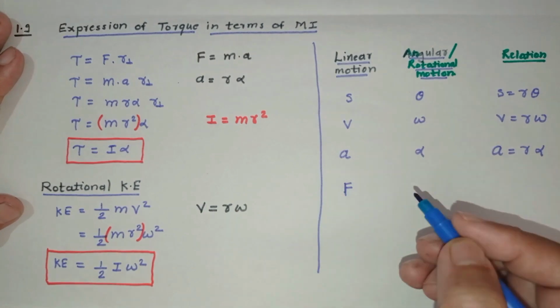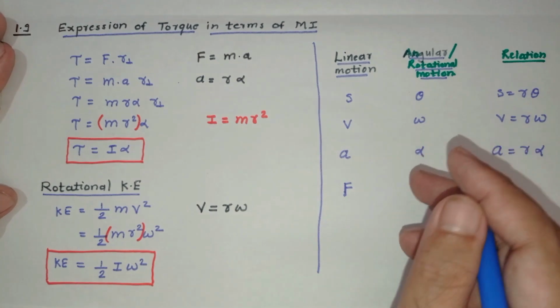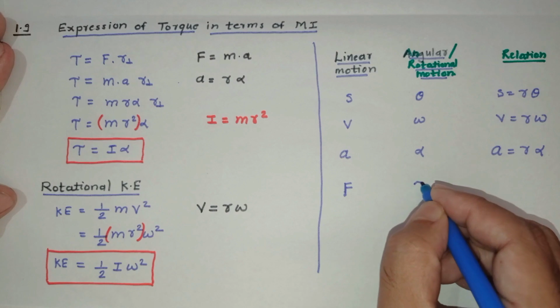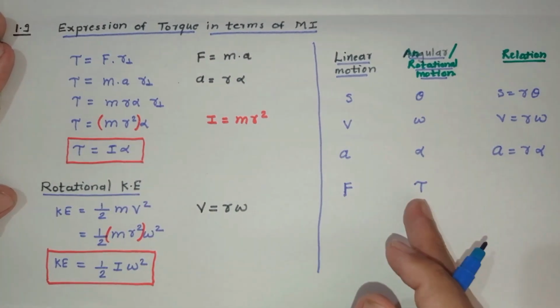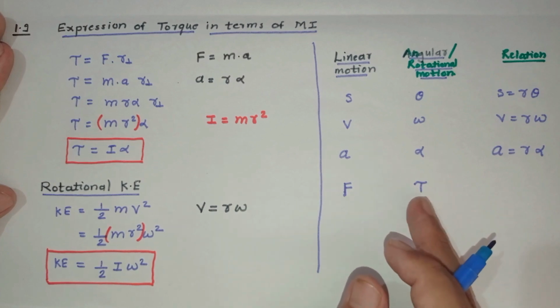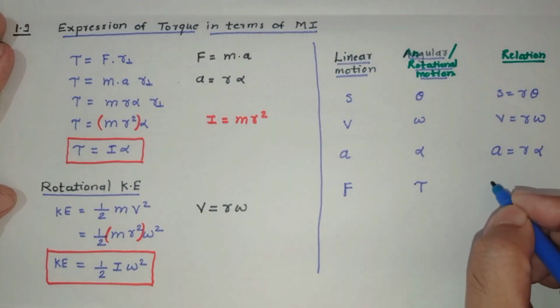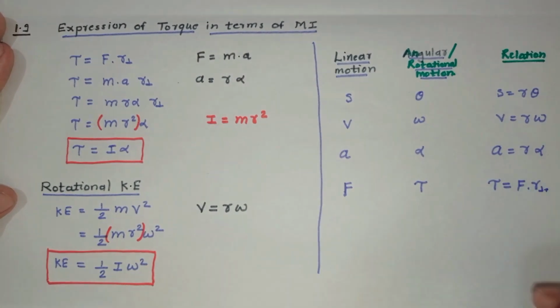So to bring that body into linear motion, force F is used. If we want to rotate that body, then that is torque. So force and torque are analogous. In linear motion we use force, in rotational motion torque is used. The relation between force and torque is torque equal to F into perpendicular distance, F into R.